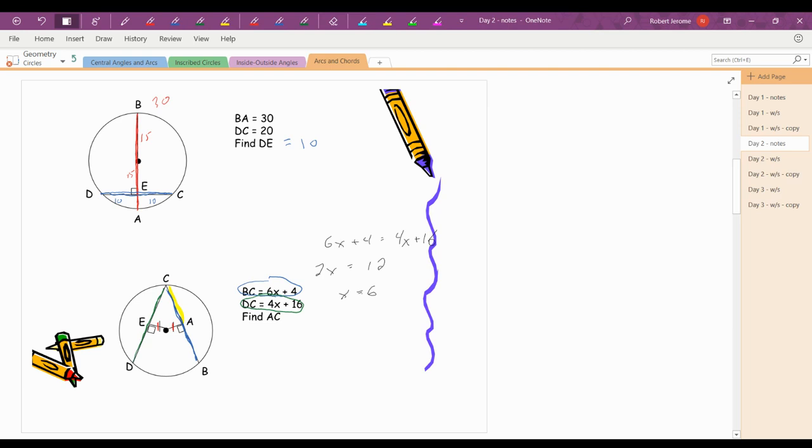We're going to have to find the whole thing, BC, and then just cut it in half. So we're going to find the entire chord, 6 times 6, so 36 plus 4 is 40, but we only wanted half of it. So AC equals 20. All right, we'll find the whole chord and cut it in half.